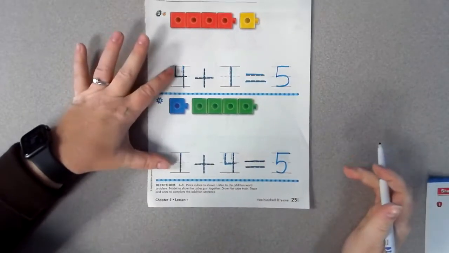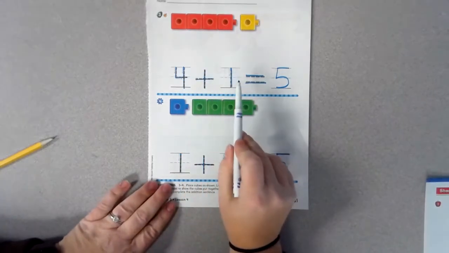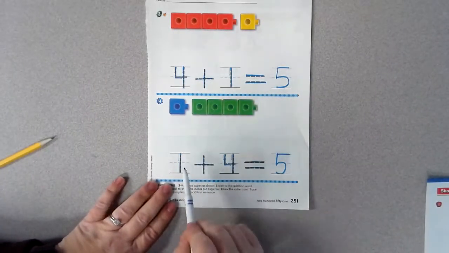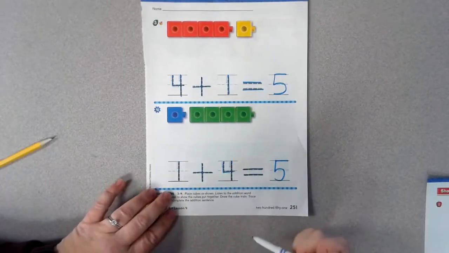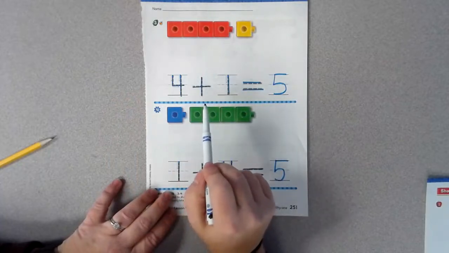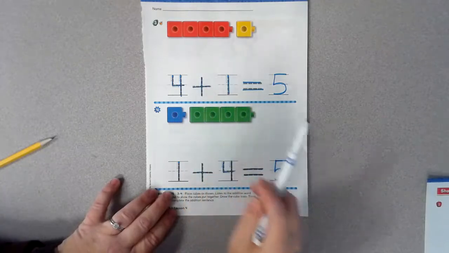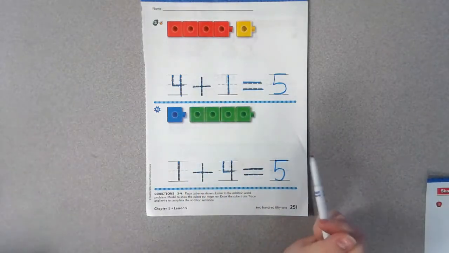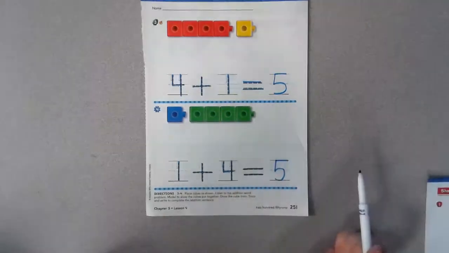This is what I was talking about the other day. We have 4 plus 1 is equal to 5, and then they flipped it. 1 plus 4 is equal to 5. It doesn't matter which way you start counting from when you're adding, it'll equal the same. But that's only with adding. That doesn't work for all of our math symbols that we're going to be learning, but it does work for adding.